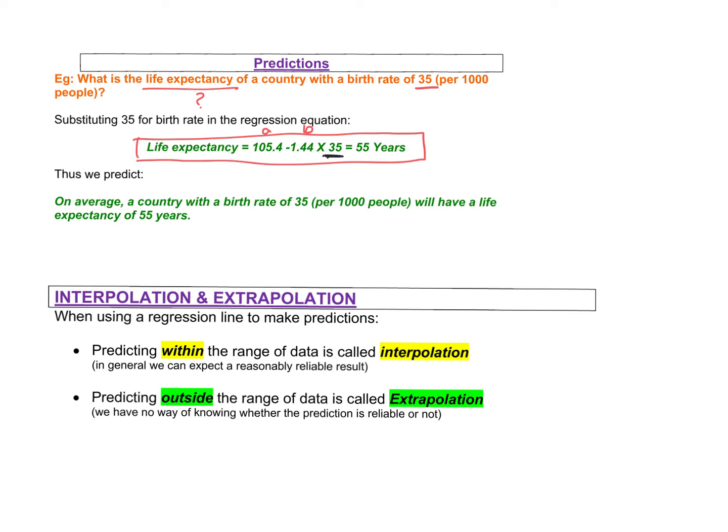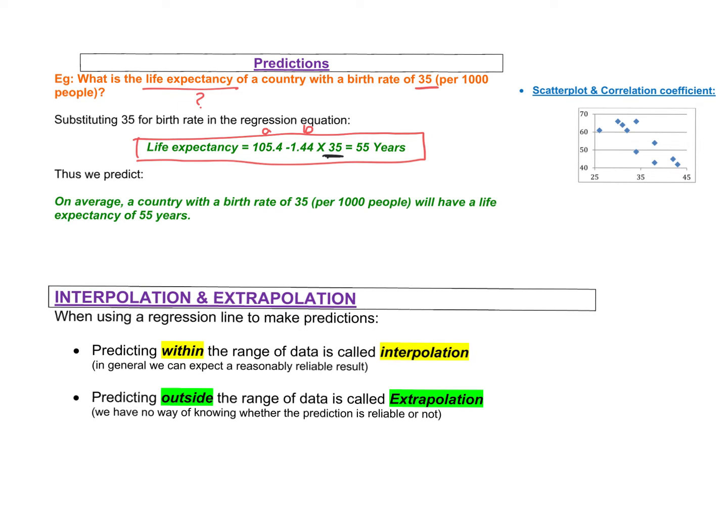So just gonna grab the scatter plot for a minute. So we could be asked to predict any value. So it could be, we could ask, what if the birth rate was 60, and you pop that in. So what you then have to say, they might then ask you, what are you predicting? Are these reliable or not? So if you're predicting within the range of data, so what does that mean?